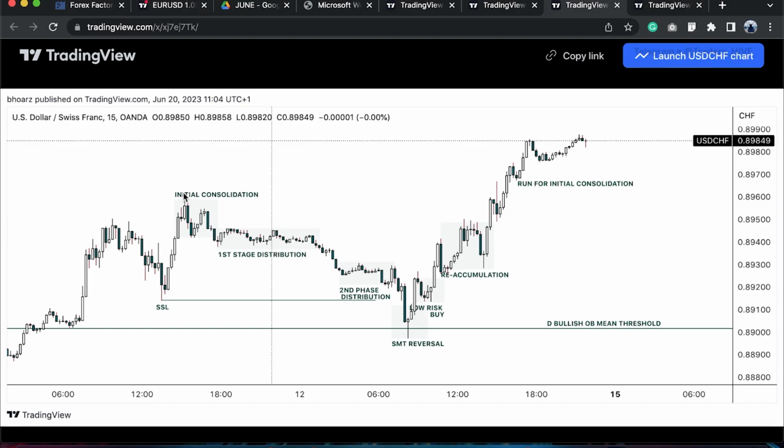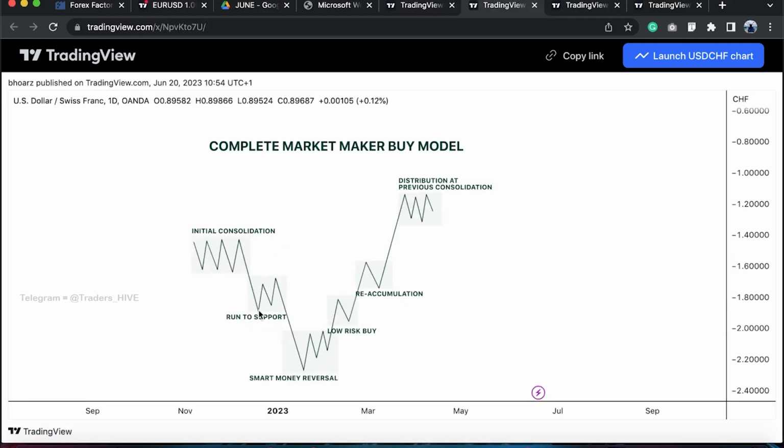Okay, so what you have here is your initial consolidation, which forms outside our kill zone, during near close, and then the market goes into that tight range, heading into the close of day, into the changeover session for a new day. And this is your first day distribution. Remember, I talked about how sometimes this could have two phases of distribution, not just one.